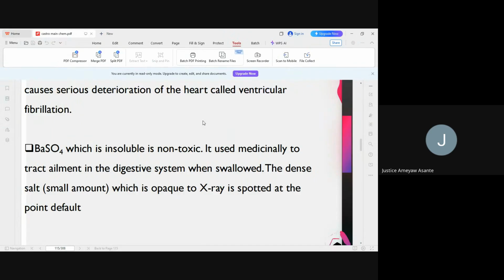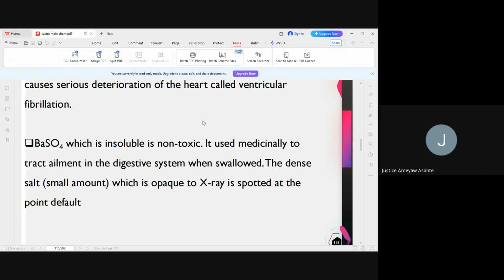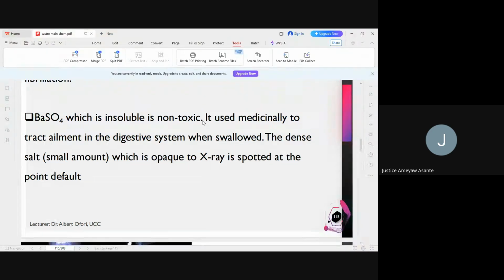It's used medicinally to treat ailments in the digestive system. Swallowed, the dense salt, a small amount, which is opaque to X-ray, is spotted at the point of the fault. So in medicine, when you're going to take an X-ray internally, especially in the intestines, they will allow you to swallow a small portion.